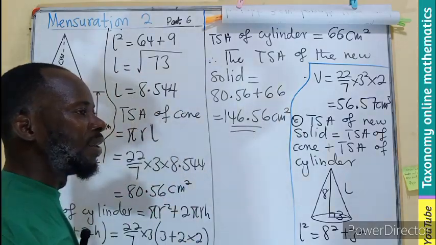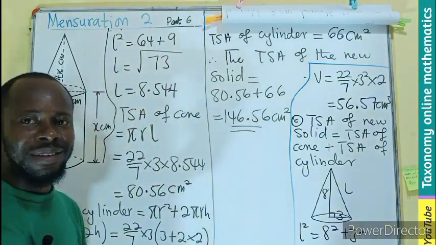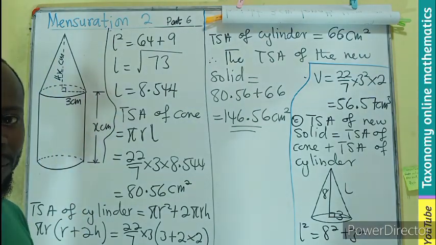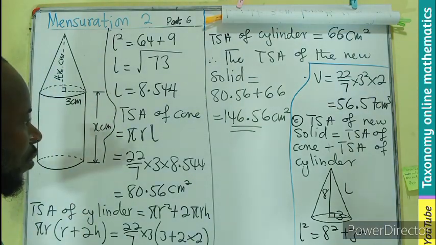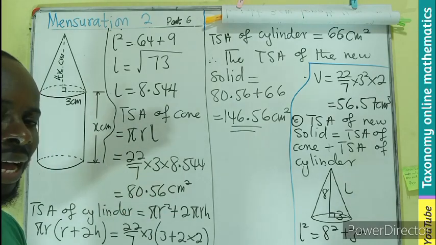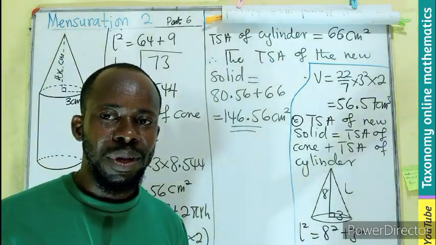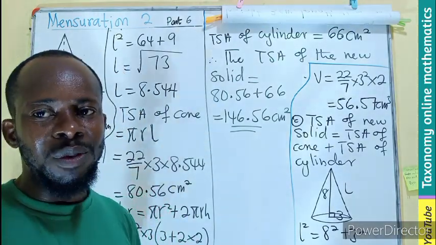We are leaving our answer in 2 decimal places. Again, take your time, follow from the beginning to where we are, breaking it down step by step. You'll be able to get to this place.